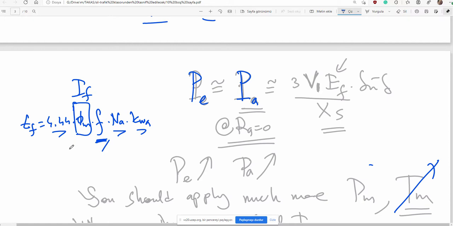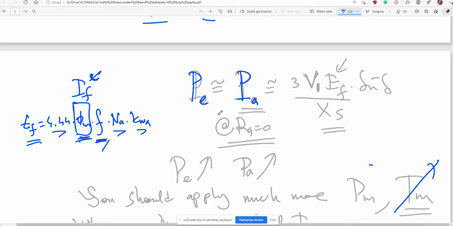It is constant under constant field current, of course. If you change field current, that will change. So in this case, we have kept field current constant.